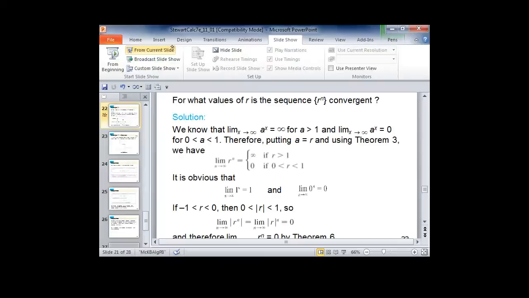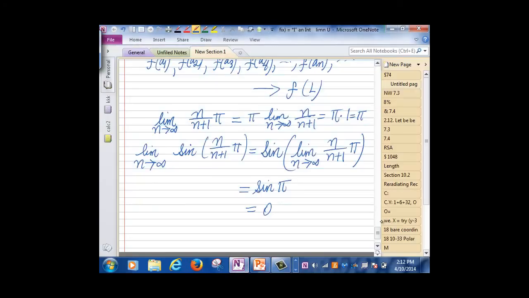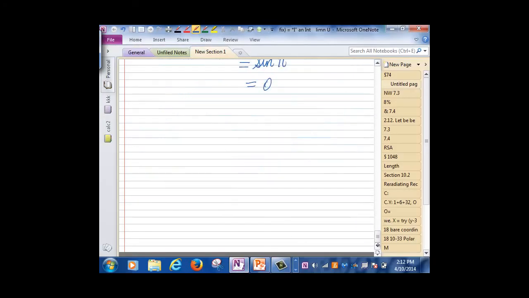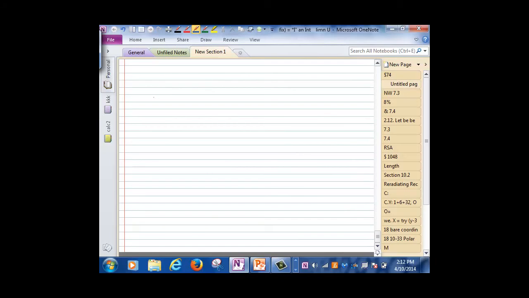So to do that, I am going to think of r to the n. Remember, I can write this as e to the exponent n times ln of r, the base e logarithm of r, right?